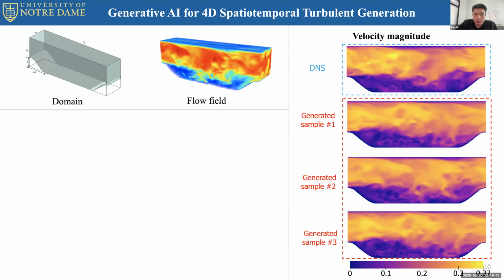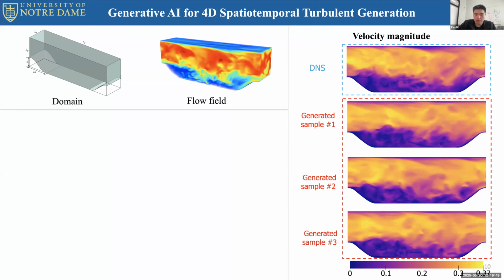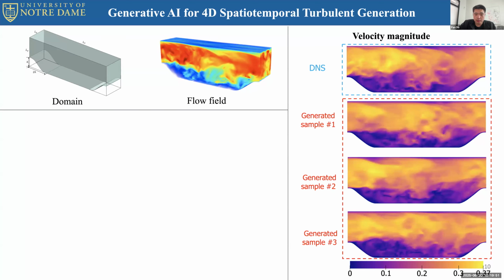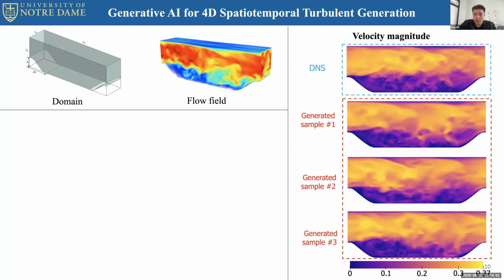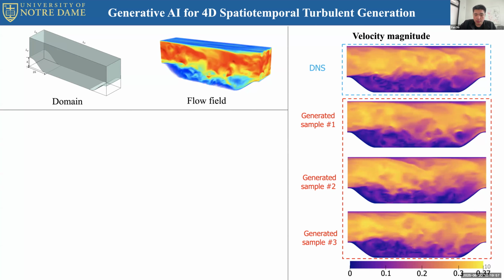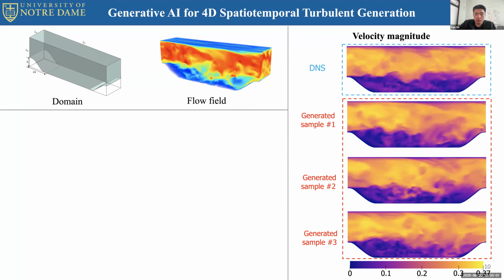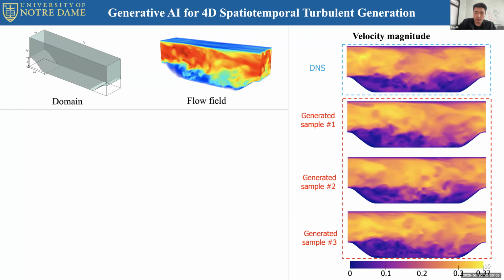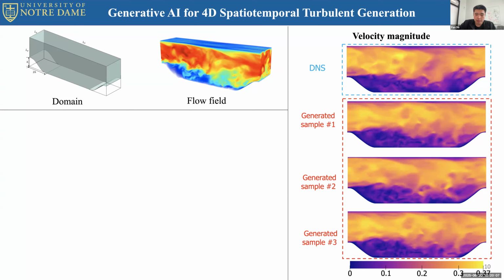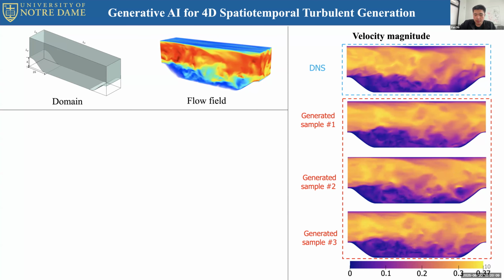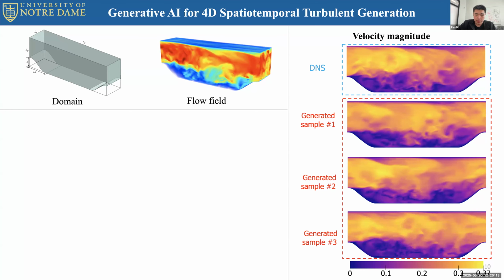Actually, the first one is the DNS simulation, and the bottom 3 are the random realizations. And you can see that there are very physical flow separations and large turbulence structures going on in the middle channel of the domain. And all those visualization results kind of support that our CoNFiLD generation can actually estimate turbulence in a very physical and efficient way.